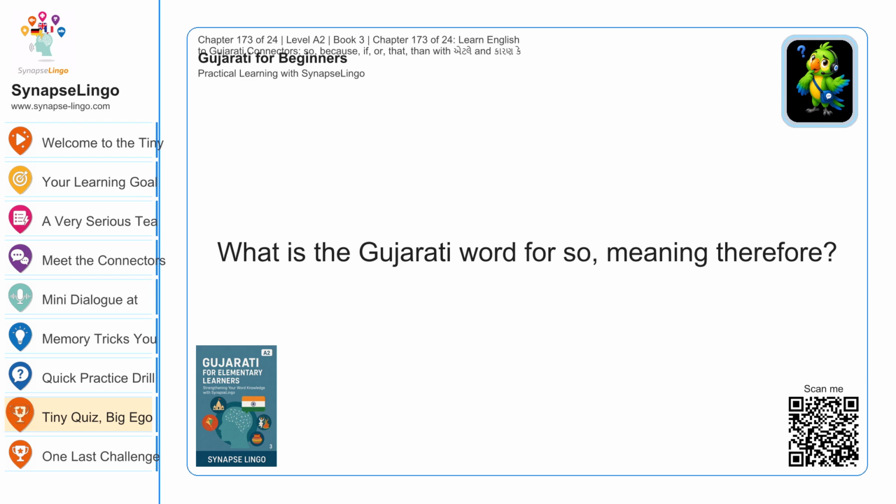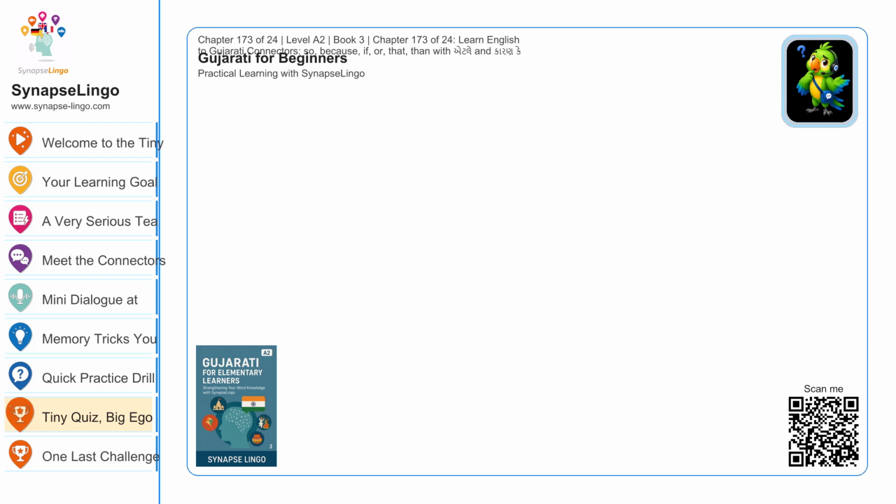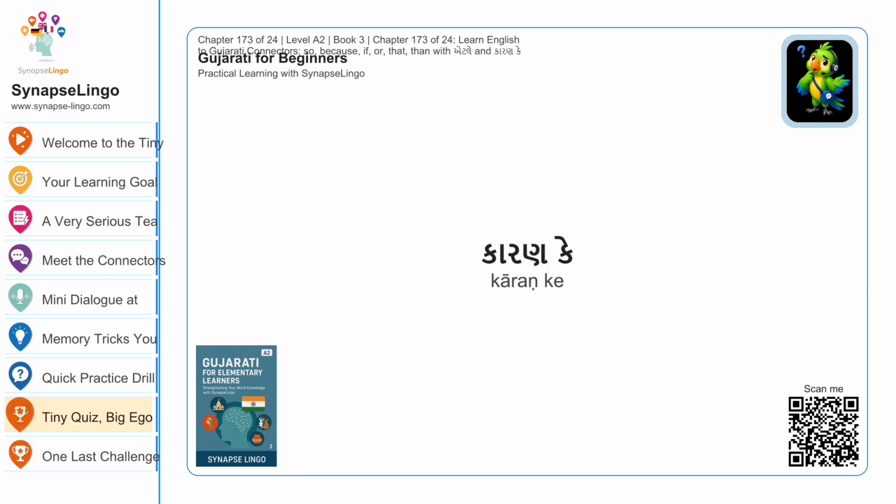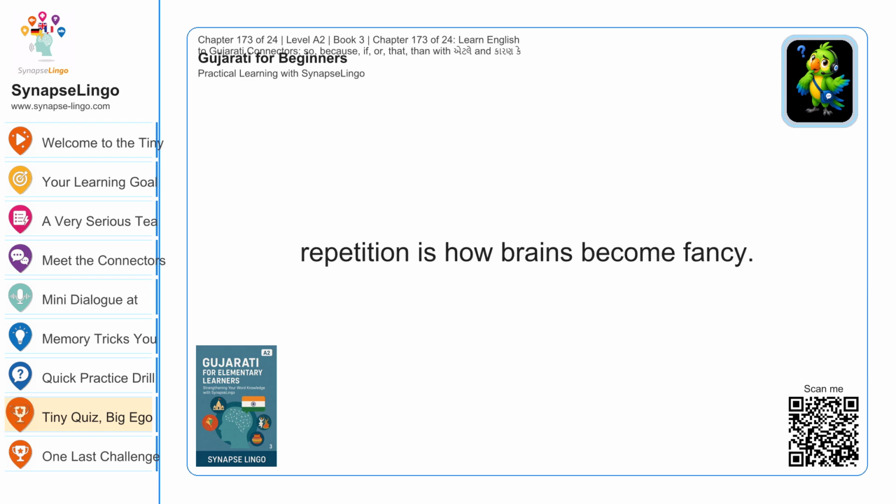What is the Gujarati word for so, meaning therefore? એટલે. What is the Gujarati word for so that? જેથી. If you got them right, excellent. If not, also excellent, કારણ કે, repetition is how brains become fancy.